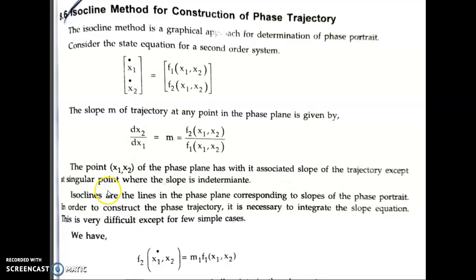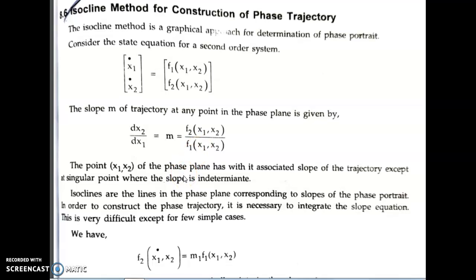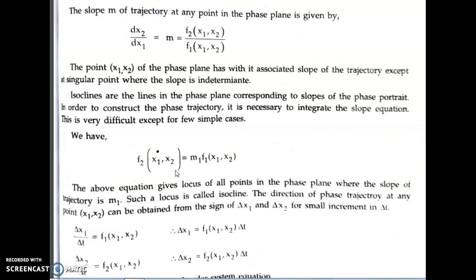See here, the point x1 and x2 of the phase plane has associated with it a slope of the trajectory, except at the singular point. dx2 by dx1 is equal to m. Therefore f2 is equal to m into f1. For the first trajectory we take m1, for the second trajectory m2, for x1 and x2 values.